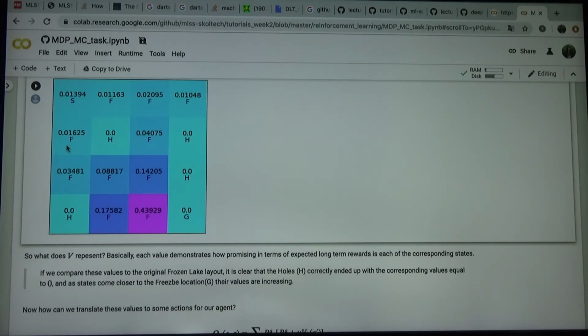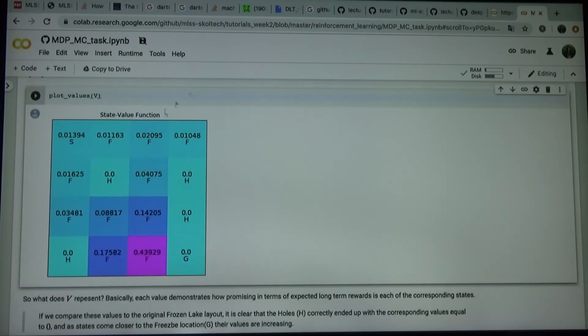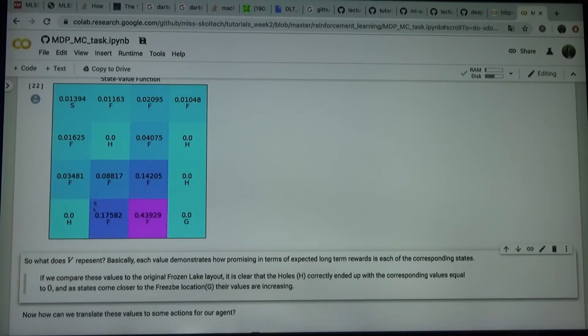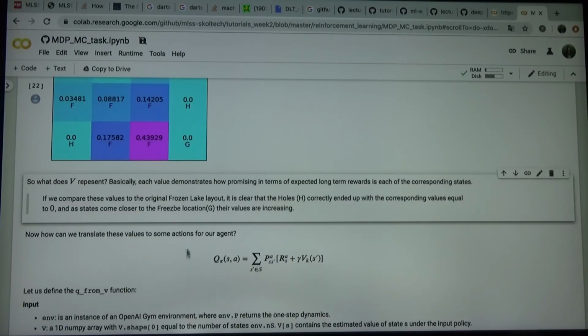Here, it's not so big because you can go either here or here. But anyway, in this state, the probability of you going to the hole and terminating with -1 reward is kind of big because it's like 2 actions. So this is the state value function in a nutshell and its intuition.